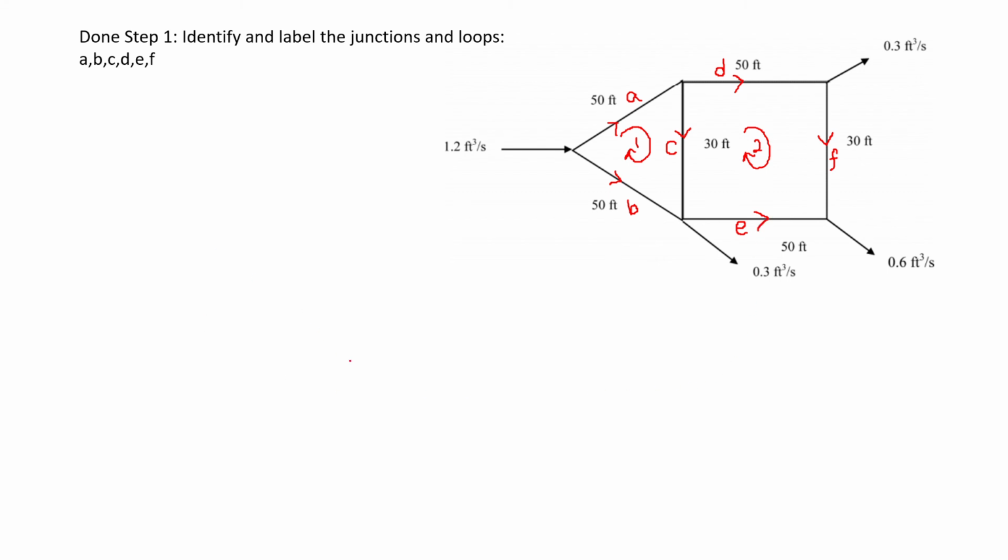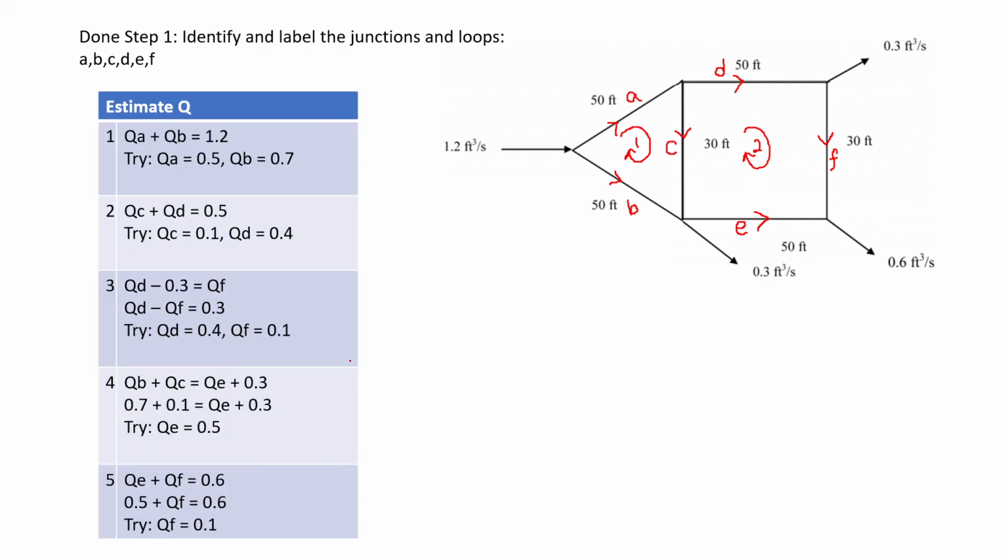Now we want to assume, or estimate, Q. But first of all, in order to estimate Q, you must be aware of what is given in the question. For example, 1.2 cubic feet per second is the flow coming into the network.